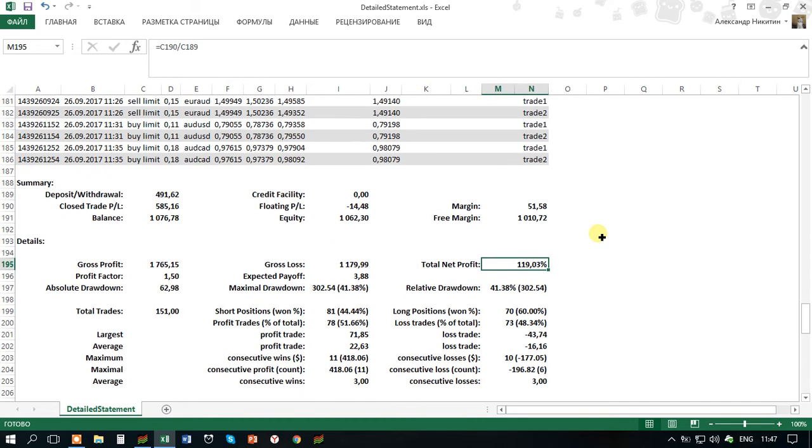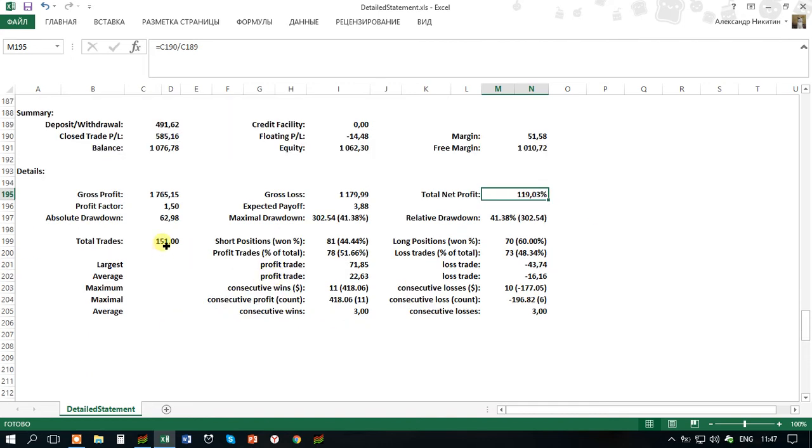So it is obvious. Okay, as for the trades, you see the number of trades, 151. We know that a pattern has two trades, so let us divide it by 2 to have the objective statistical data. So I have traded 75 patterns.